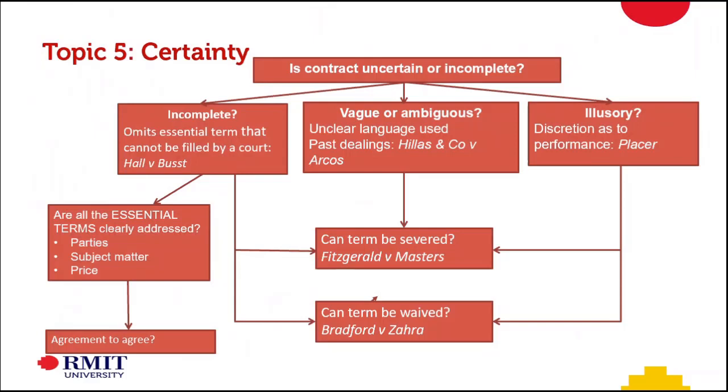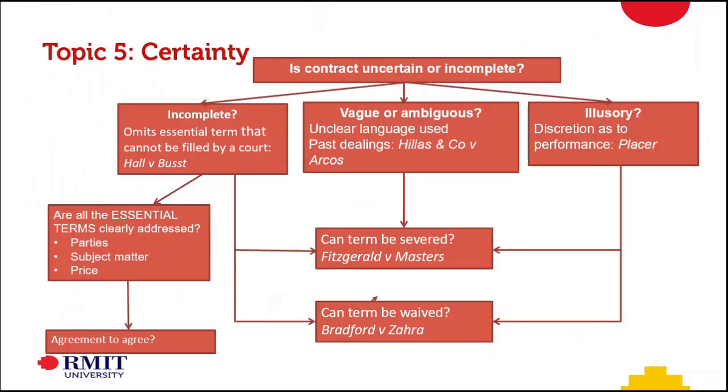In relation to illusory in particular, but not only, if a failing term only impacts one party, so if one party has the discretion or one party has a right but it's vague and ill-expressed, and that party is prepared to waive that right or waive that illusory promise right that they have, and the contract can continue on, then we don't have any issue at all.